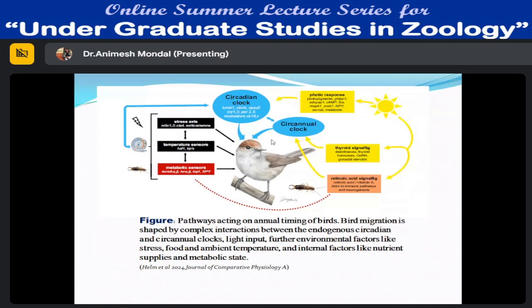For example, when the bird needs to move from one place to another, it needs to deposit a certain amount of fat to complete this migratory journey. Now, which factor is responsible for sensing this lipid? The name of this factor is RORs.